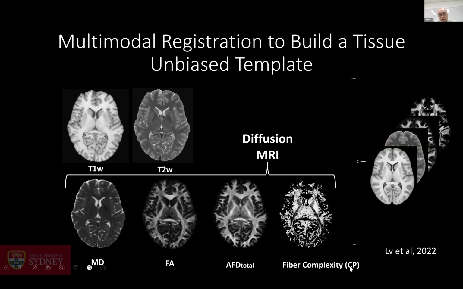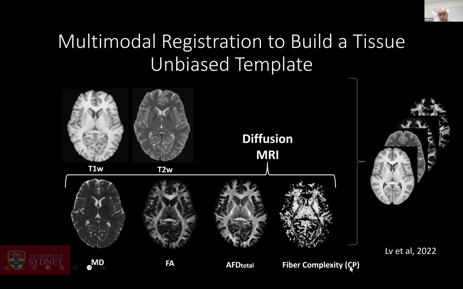We propose to combine them, and we developed an iterative pipeline to optimize the template. The method itself is based on the symmetric group-wise normalization method, and a few commands were from the ANTs toolbox.